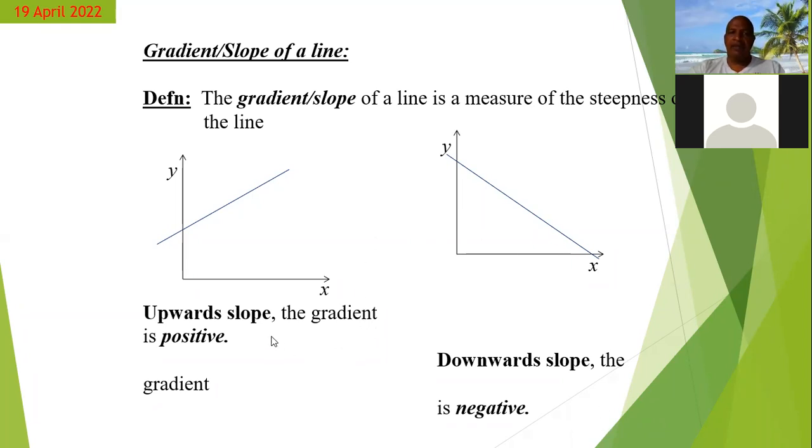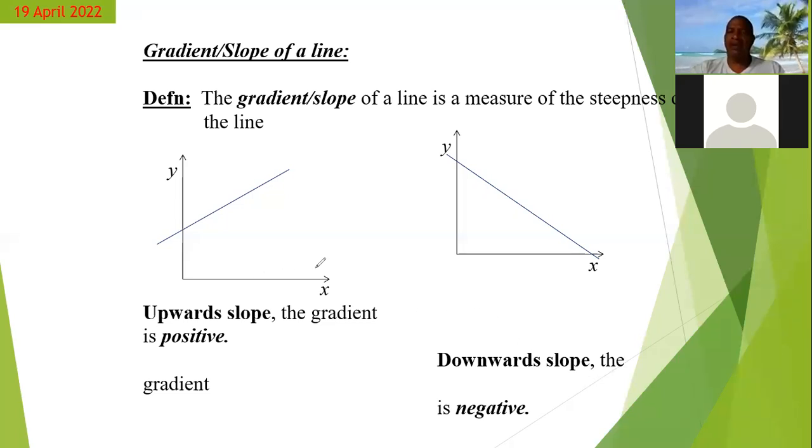Now, as I was saying before, if you have your gradient and the line is sloping upwards, moving from left to right, you will have a positive value for your gradient. And if you're sloping downwards, moving from left to right, then the value of your gradient is going to be negative.